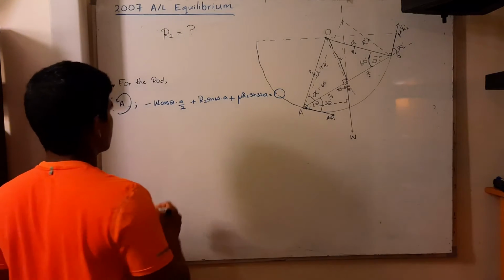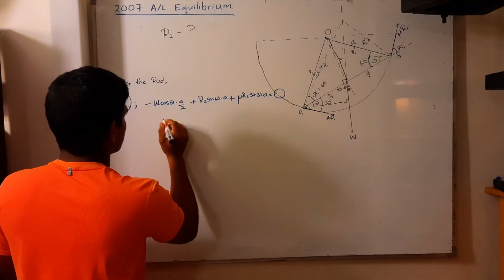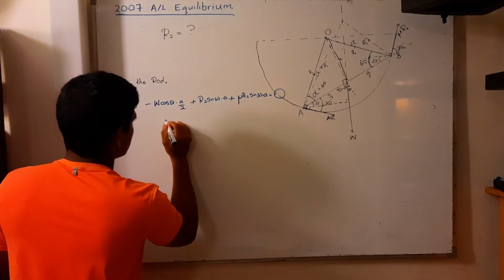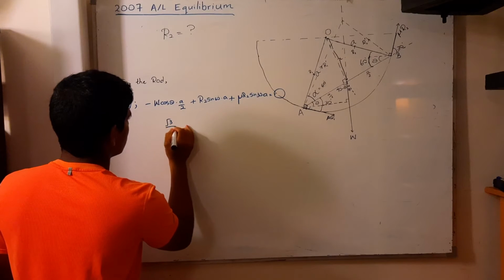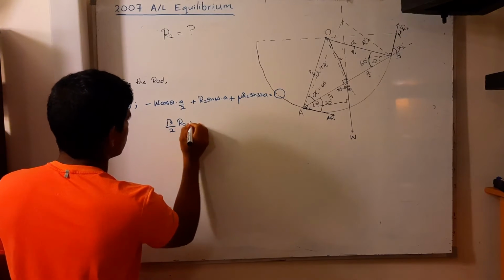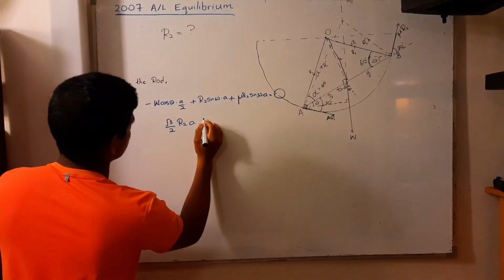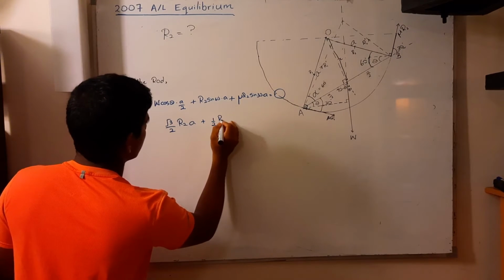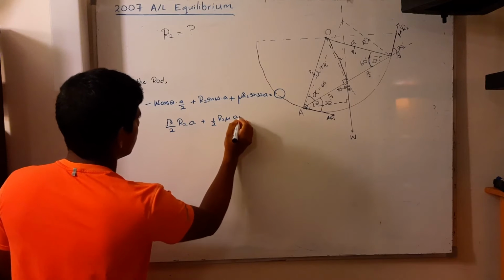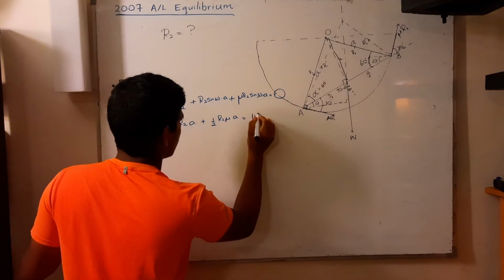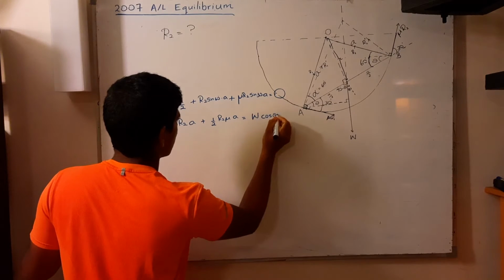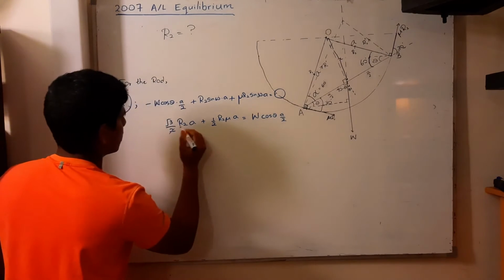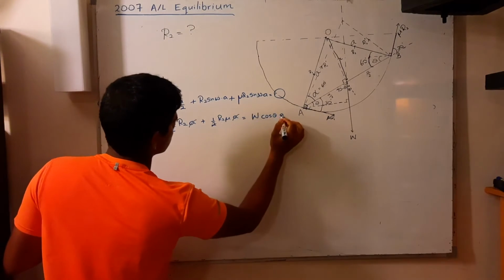Now like before, I'm going to take this term to the other side. So it will be root 3 over 2 R2 A, since sine 60 is root 3 over 2, plus half R2 mu A equals W cos theta A by 2. Similarly to before, the A by 2 gets cancelled out, it's common to both sides.